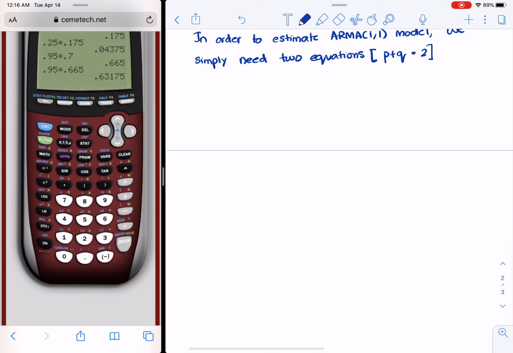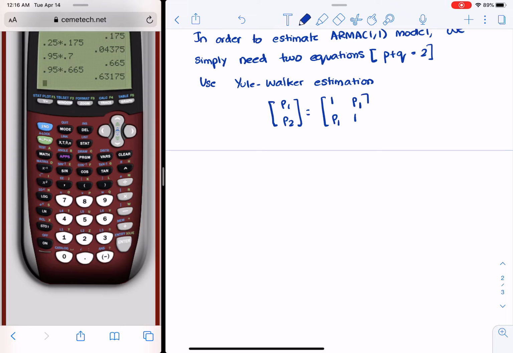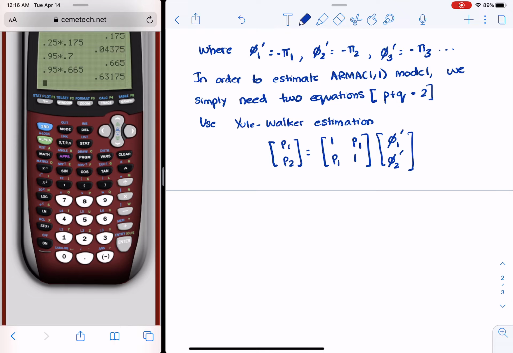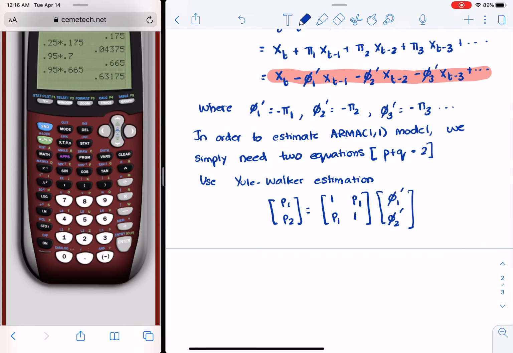So if we use Yule-Walker estimation, we have rho 1, rho 2 equals 1, rho 1, rho 1, 1, phi1 prime and phi2 prime. And I'm writing it as phi1 prime and phi2 prime because it is for the model that we rewrote as an infinite AR model.